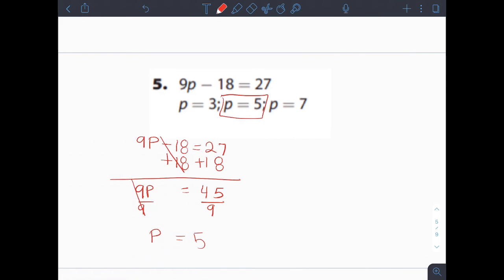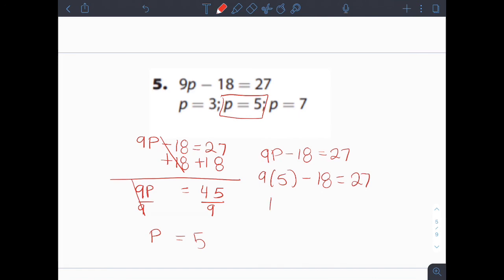But I'm just going to make sure that this is correct by plugging my 5 into my original equation. So I'm going to start with my original equation, which was 9 times p minus 18 equals 27. Replace my p with 5. 9 times 5 minus 18 equals 27.